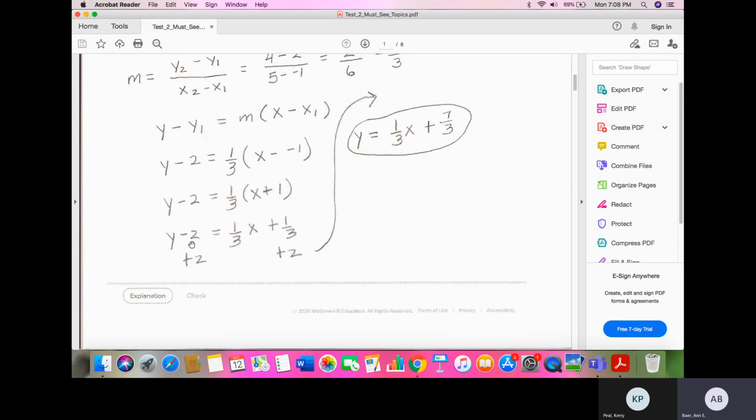That will leave us with y on this side, because -2 plus 2 is 0, and y plus 0 is y. So over here we have y equals on this side now. We want to copy 1/3 x on the other side over, and then plus 1/3 plus 2.